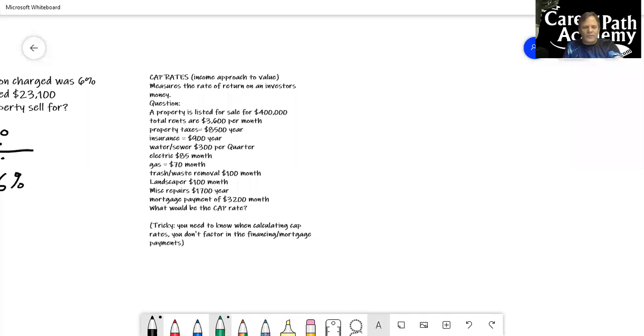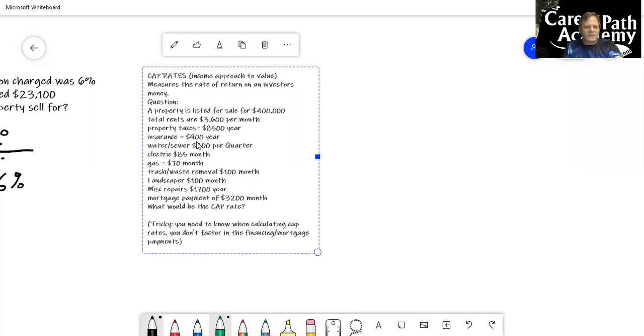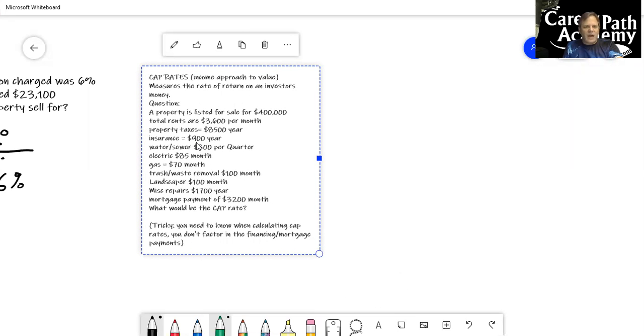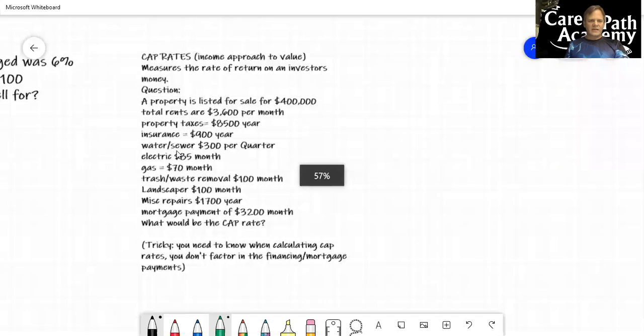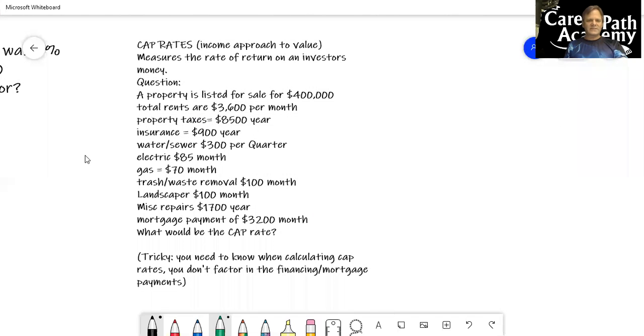So, what I suggest that everybody does to make this problem easier is come next to it and start writing in the figures. If this is the problem, I suggest that you convert everything to annual expenses. Like if you got a quarterly expense, $300 times 4, you got $1,200.